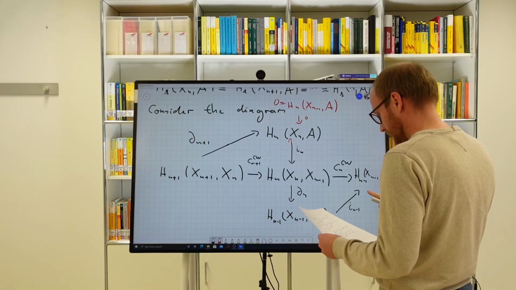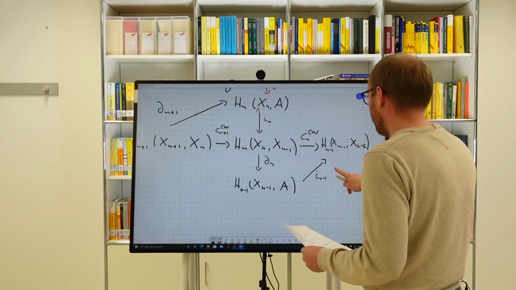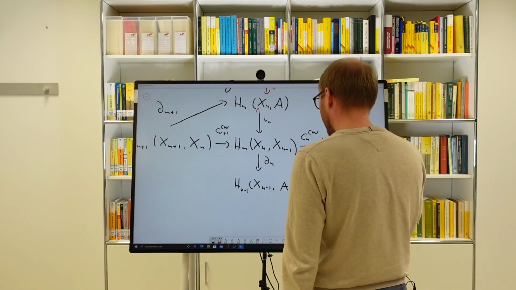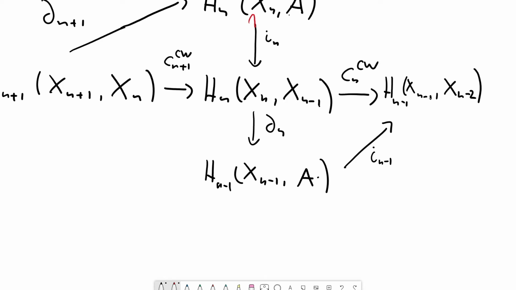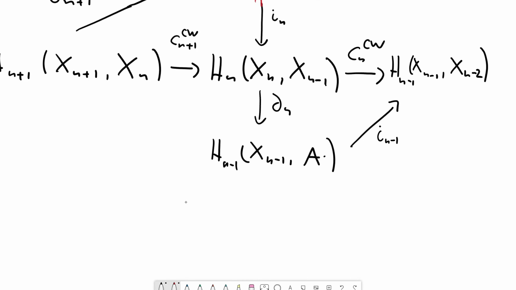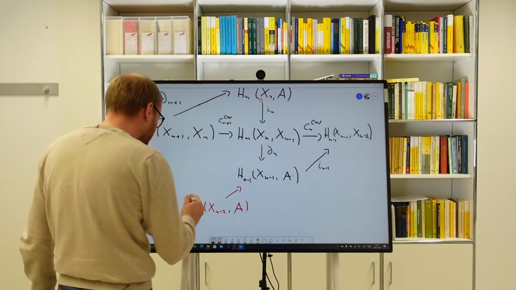That's one thing. Next thing we can observe here is this arrow here, which also lies in a triple sequence, namely the triple sequence Xn minus 1, comma Xn minus 2, comma A. So the previous term here would be the n minus first homology of the n minus 2 skeleton relative to A. And for the very same reason as before, the degree here is bigger than the dimension of the skeleton.